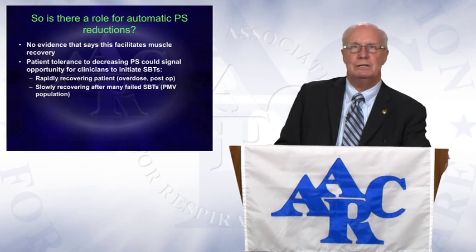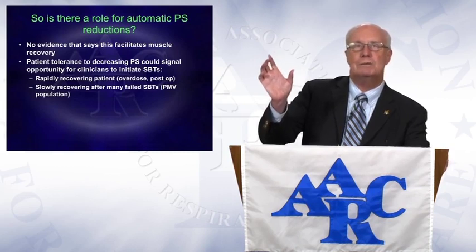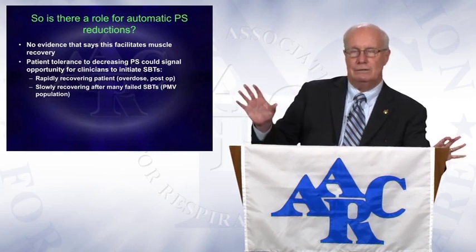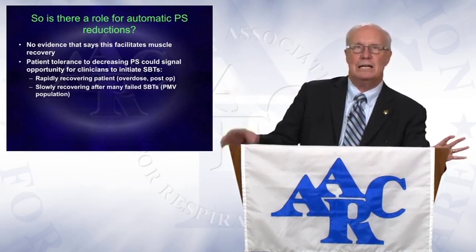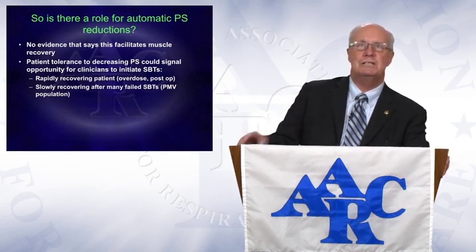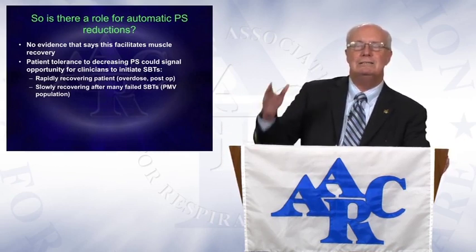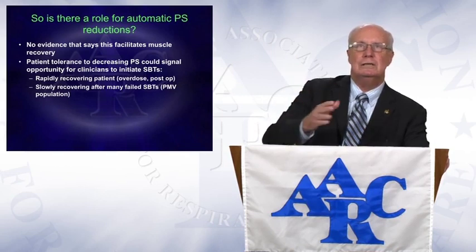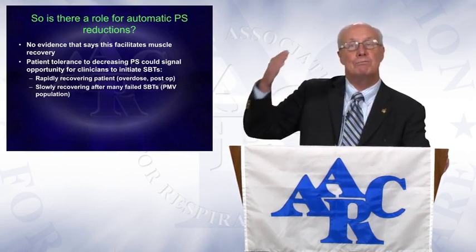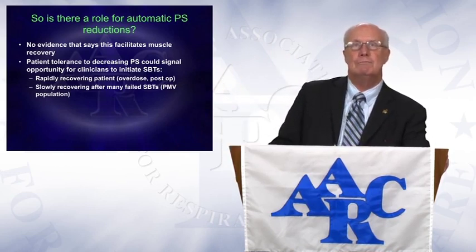and maybe you can restart spontaneous breathing trials. And there are a number of long-term facilities around the country that have protocols in place that say, look, this patient's been unable to come off the ventilator after multiple spontaneous breathing trials. We've got to demonstrate a reduction in support because of improvement in lung function before we're going to try a spontaneous breathing trial again.